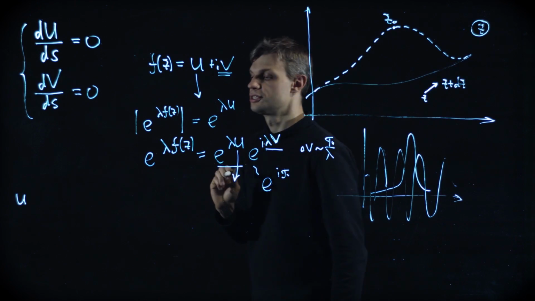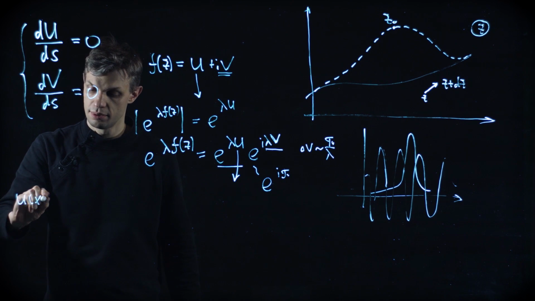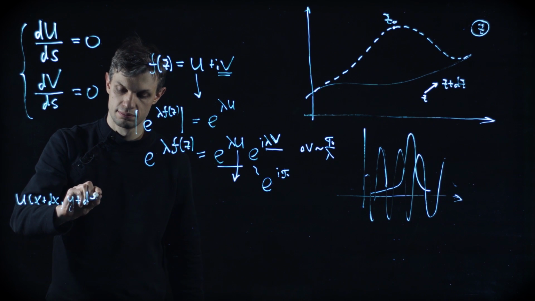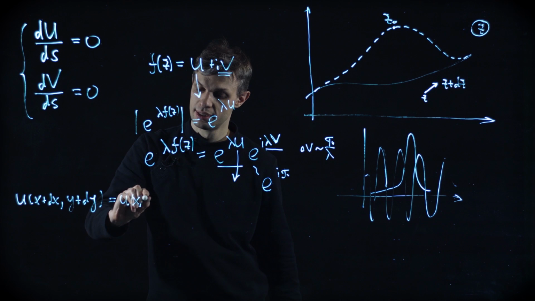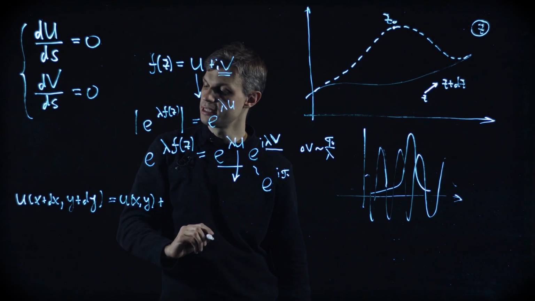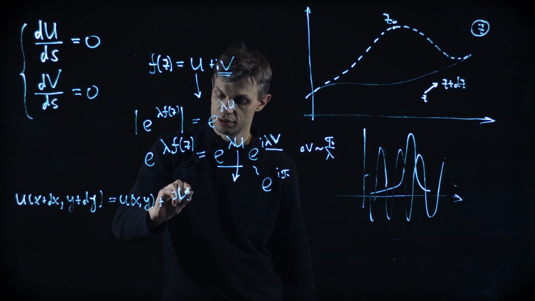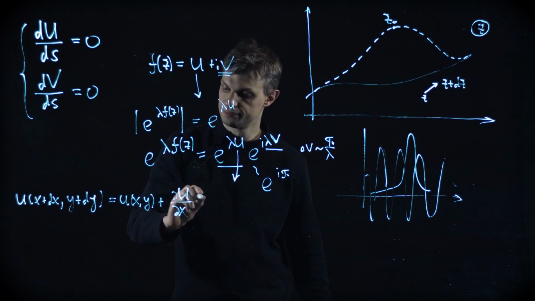And let's trace the change of the u function. Well, it's pretty obvious. And the change in the v function is defined by the partial derivatives at this point.